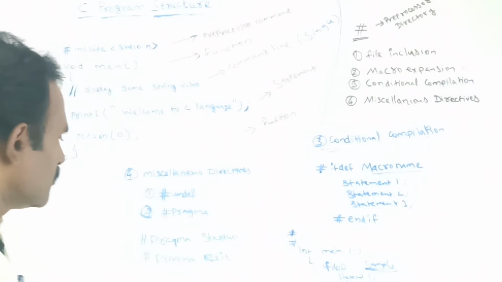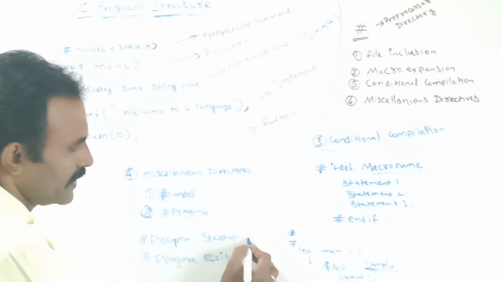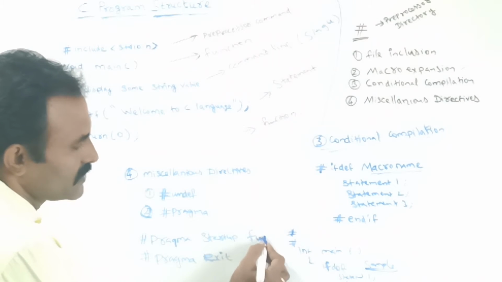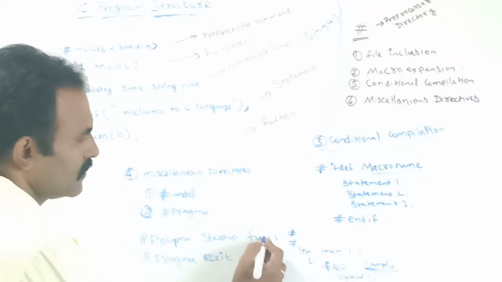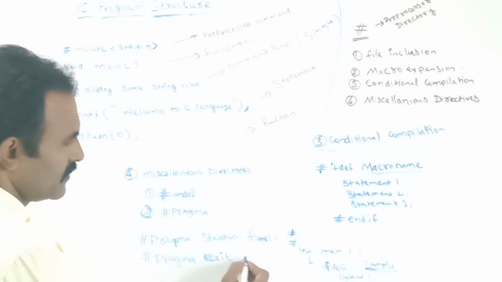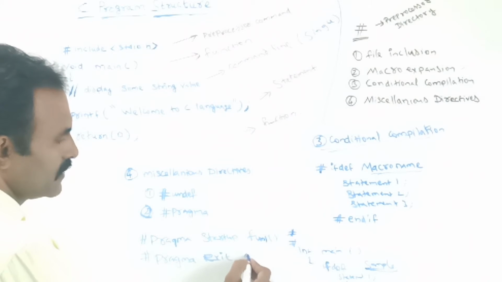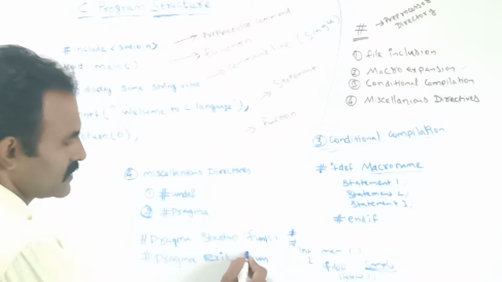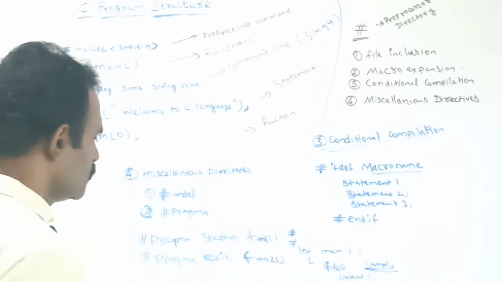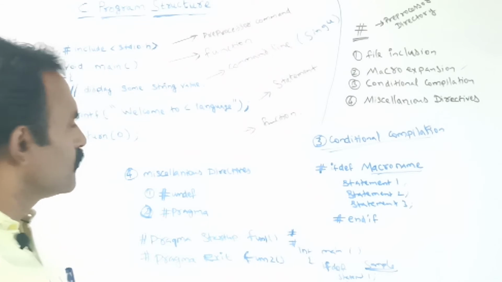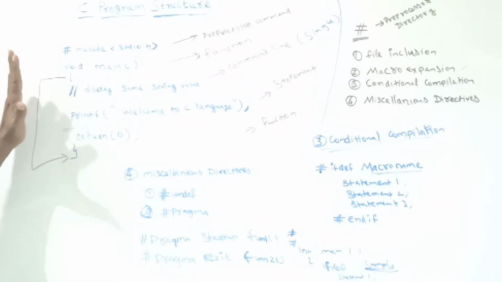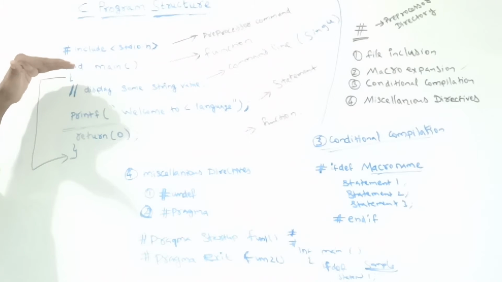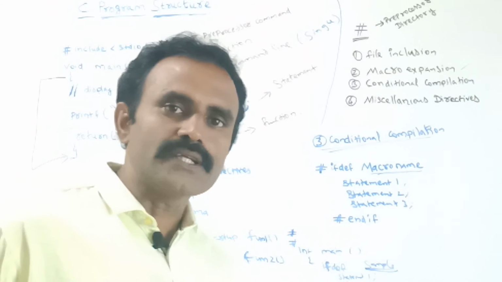See here, for example, Pragma startup, I am declaring function 1. Here Pragma exit, function 2. While executing the program, it normally starts from the void main function.